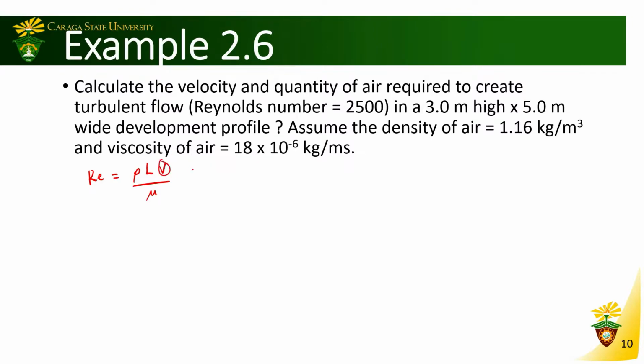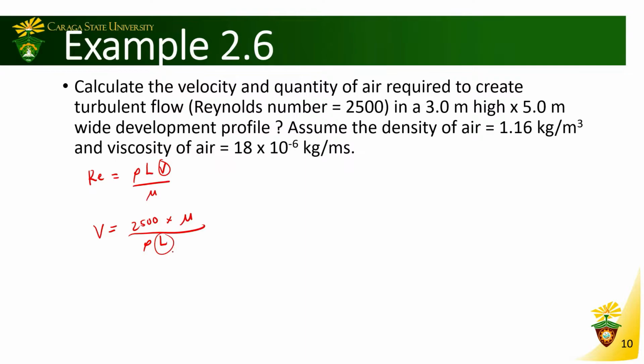We want to find the velocity and the quantity later on. So to rearrange, we could compute for velocity by multiplying the Reynolds number equal to 2,500 times the viscosity over the density times the characteristic length.